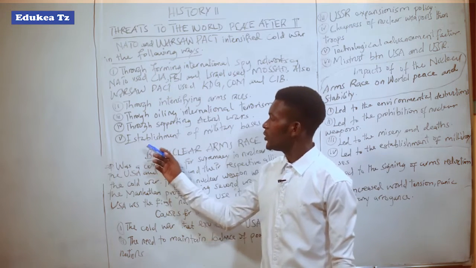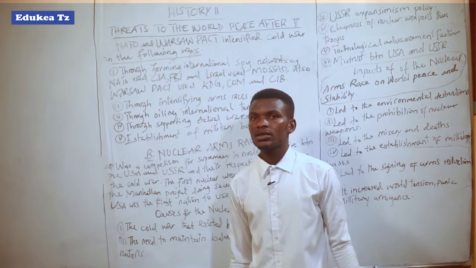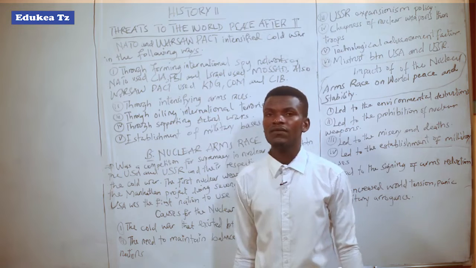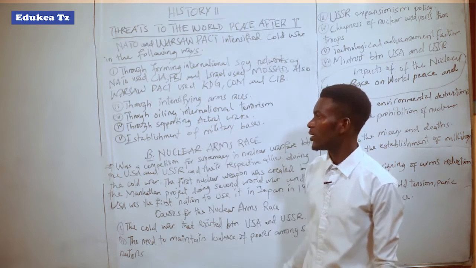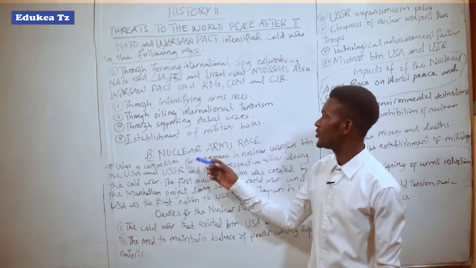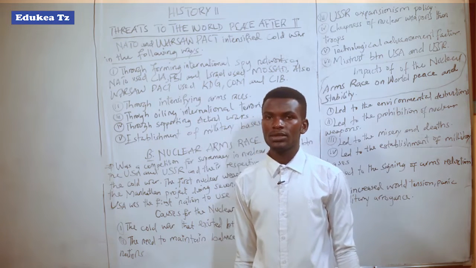And the last way was the establishment of military bases. Those international military alliances formed by the superpowers, the USA and the USSR and their allies, led to the establishment of military bases in different countries in the world.